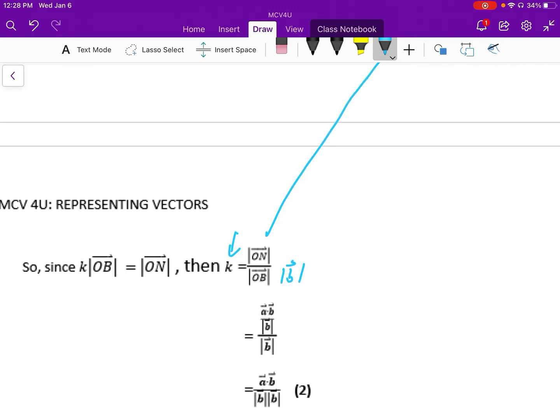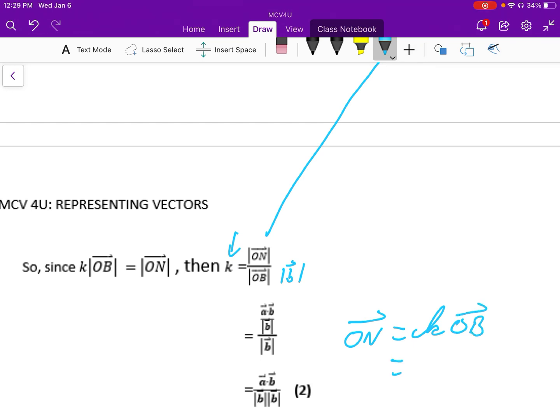It's the dot product of A dot B divided by the magnitude of B times the magnitude of B, squared, which is, in fact, B dot B. So we know that the projection, the ON, is a scalar quantity of OB.